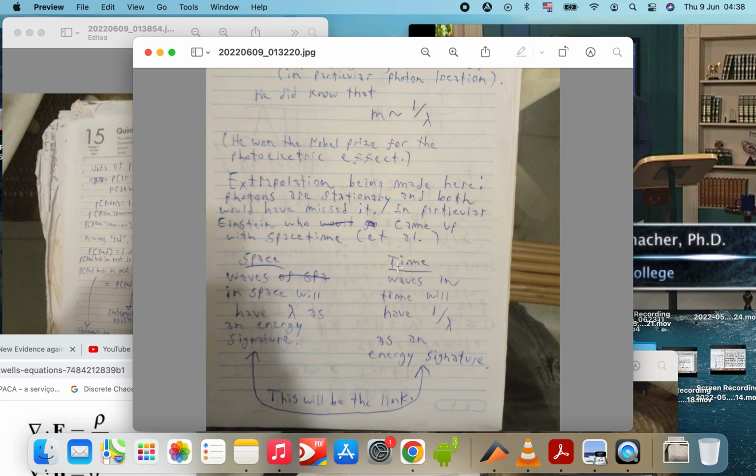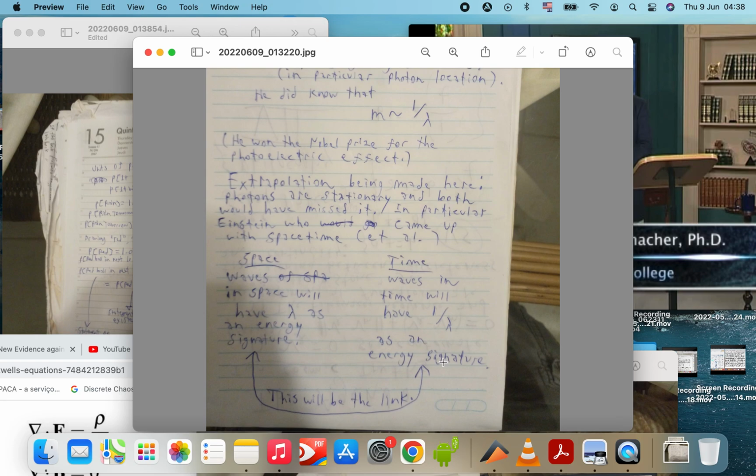In time, waves don't need that. Their energy signature is not their amplitude, their energy signature is their frequency. Now, there I can write frequency as 1 over the wavelength. I don't know what I was doing in space. But in time, that's the energy signature.